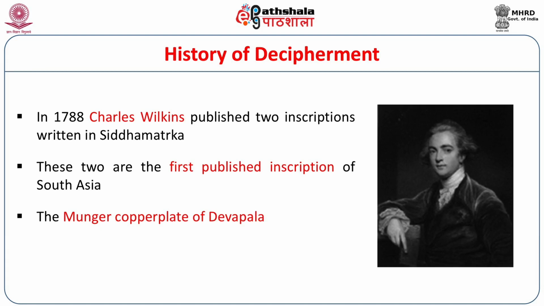Incidentally, both of these were from Bengal. One was a copper plate inscription, the other one was a stone inscription, and both of these were dated in the 9th and the 11th century. So both of them were early medieval inscriptions written in Siddhamatrika or Gauri characters. But Wilkins published these 2 as the first published epigraphic evidence of South Asia.